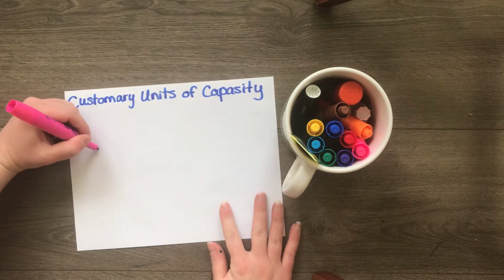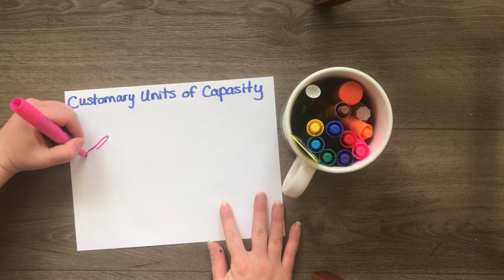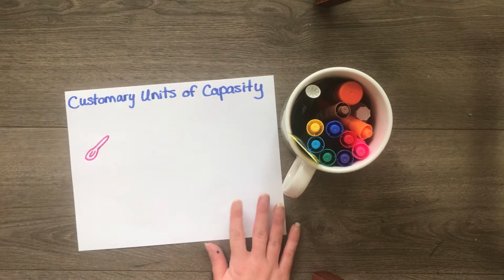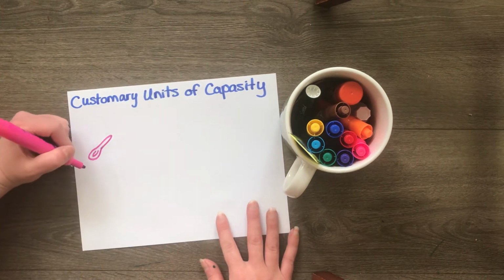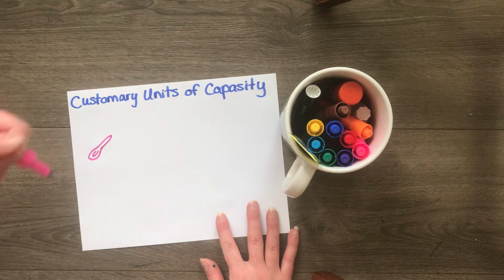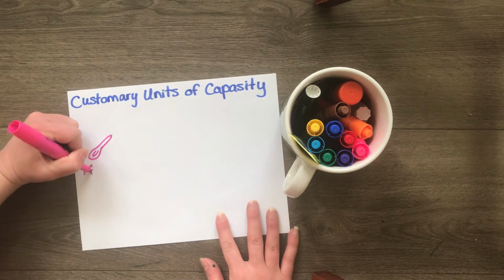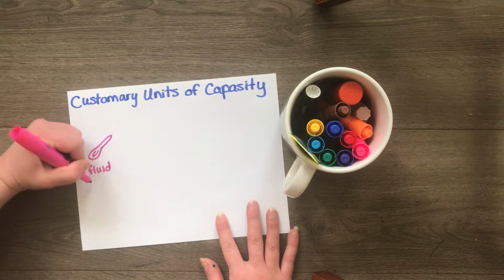So let's start off with a spoonful. That's my little spoon right there. Don't judge. A spoon can hold approximately 1 fluid ounce.